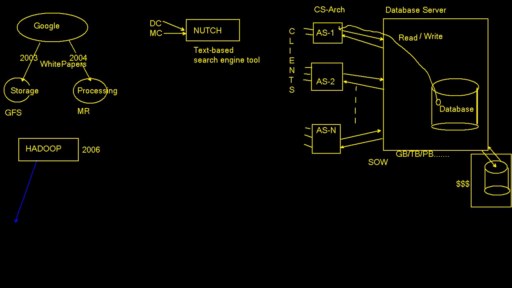And what did they release as part of this framework? The same two components that Google had. One was related to storage and the other related to processing. They actually released two projects.